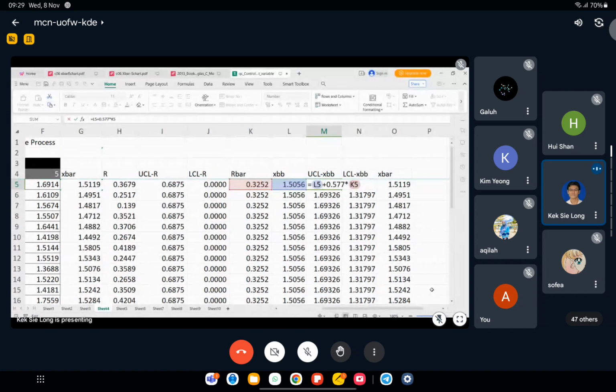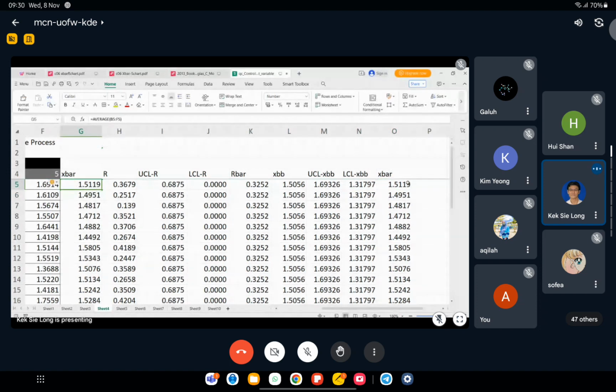If not, then you have to refer to your own position. Where is your R bar? Where is your X bar? And then you click on it. The same thing for LCL. Make sure you put them in order, and then you can just click on it, or you can just type the position. And this X bar actually is from here. These two are the same.